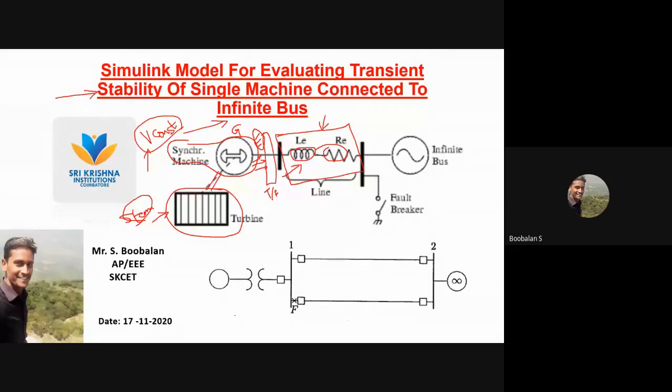Finally, we have the remaining part, the electrical loads. Let us imagine it like this. The transmission line has its own resistance and inductance, which is why we call them transmission line losses. And we have a load.